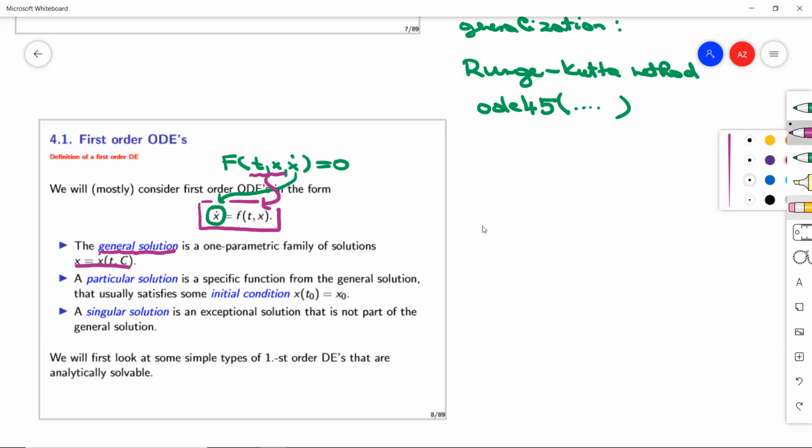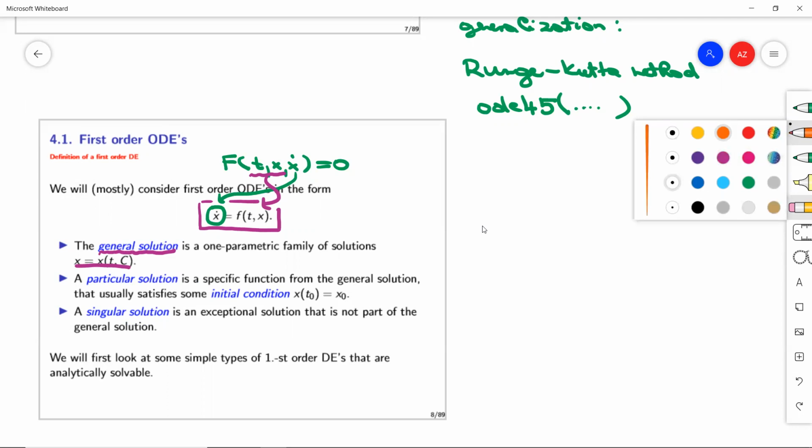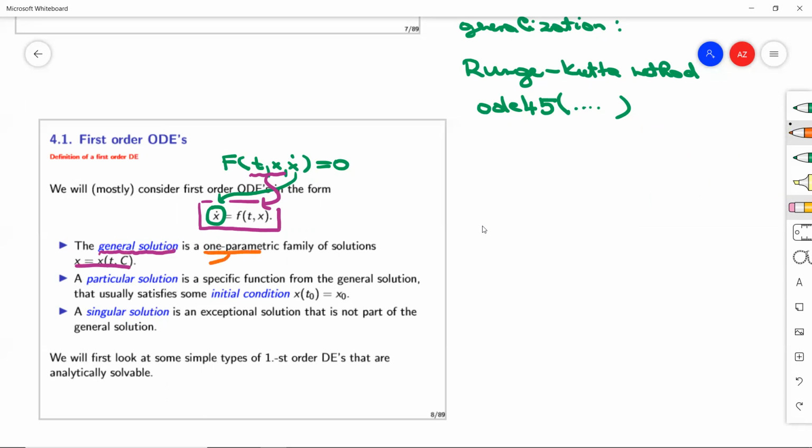One-parametric because we expect 1 degree of freedom. So this one parameter C, since we have the first derivative present, the solution won't be completely determined, won't be unique, but it will depend on one parameter.